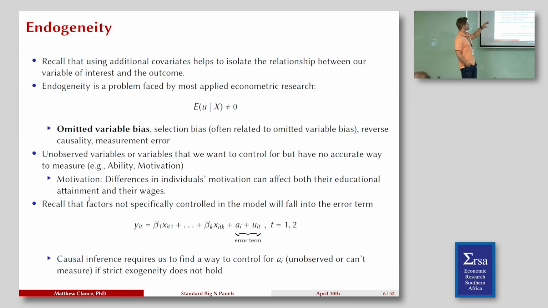So basically in applied work, this is our arch nemesis: endogeneity. There's something in the error term that we can't measure, we can't observe, and that most likely is correlated with our other controls. Okay? What's the likelihood that something we don't observe ends up in the error term, but somehow is not correlated with the other things that we're using to measure y? Not very likely. All right? It's most likely there is some correlation.